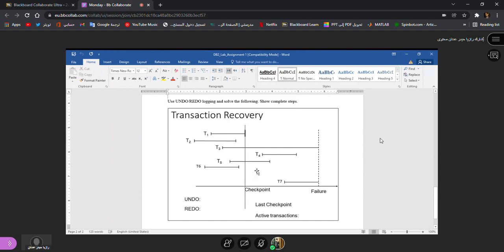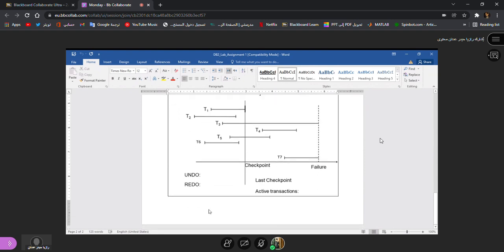And then we move this checkpoint, remember? Then we make a list of active transactions first, then we move them into the undo list, and then to the redo list. So one by one you will make this picture and move the checkpoint and update these lists. Clear?